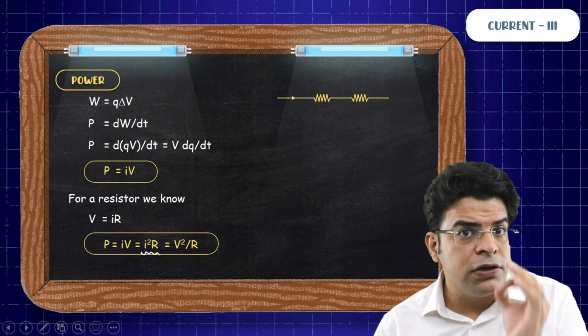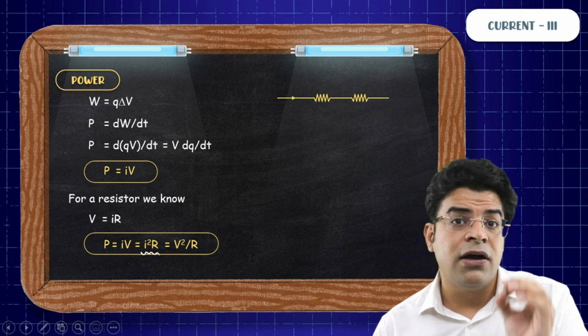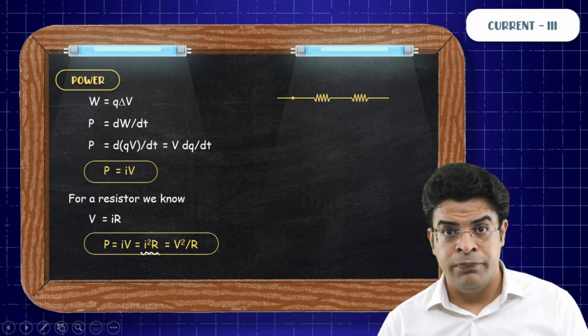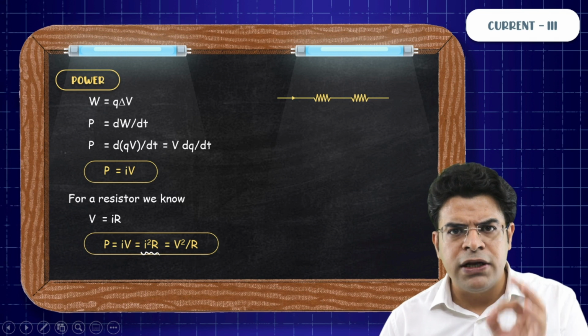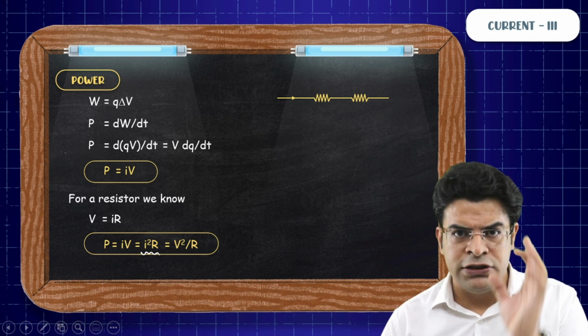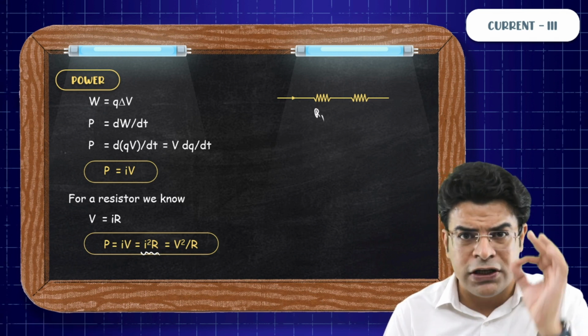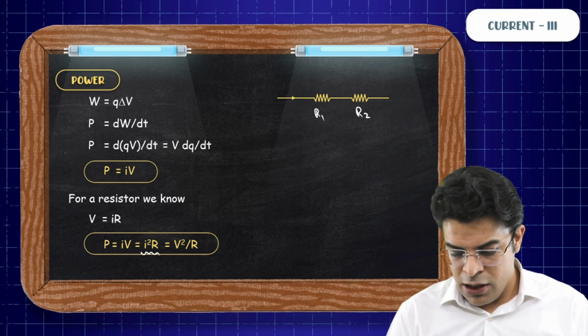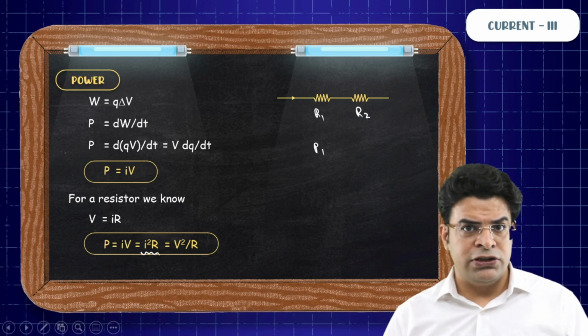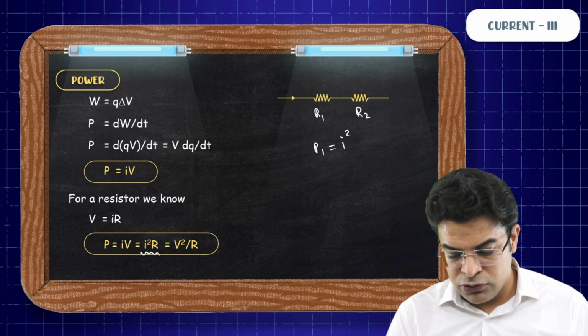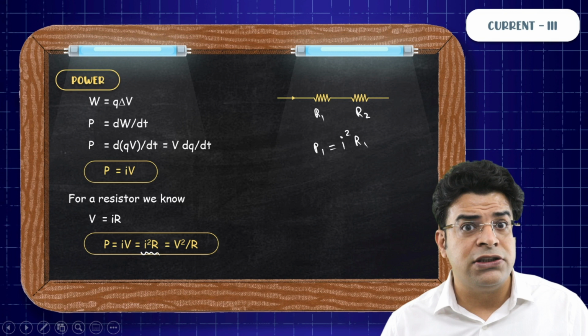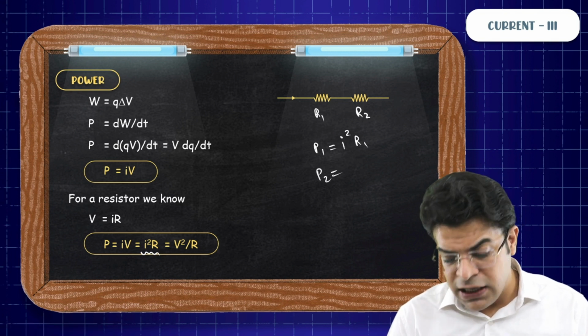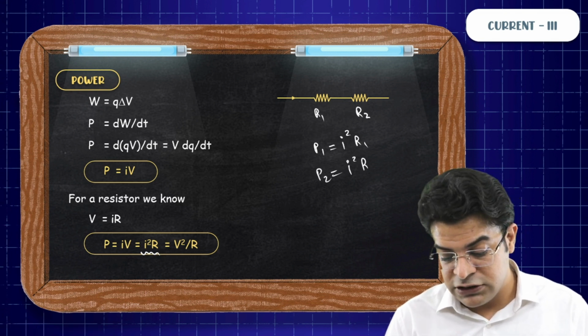Why? Because for resistors in series, the current flowing through them is the same, and the power dissipated will be directly in the ratio of their resistance. So if you have two resistors R1 and R2 connected in series, the power dissipated by the first resistor equals I square times R1, and the power dissipated by the second resistor equals I square times R2.